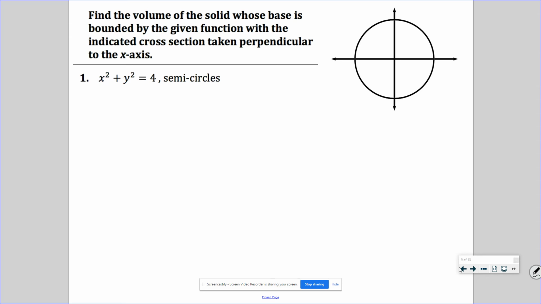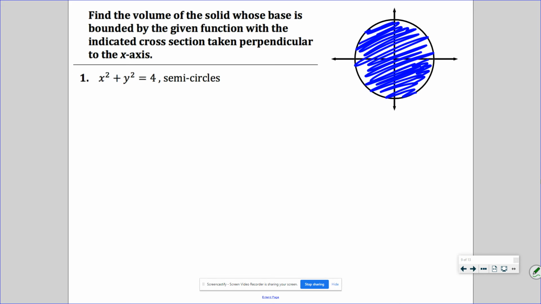Okay, and then let's look at one with semicircles. Another one, but this one's a little bit more involved. So we are doing volume of the solid whose base is bounded by the given function. So our function is a circle. And so all the space inside the circle is the base of the 3D figure that we're about to create.